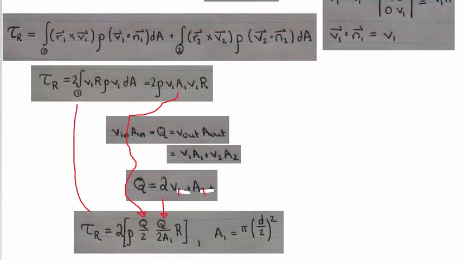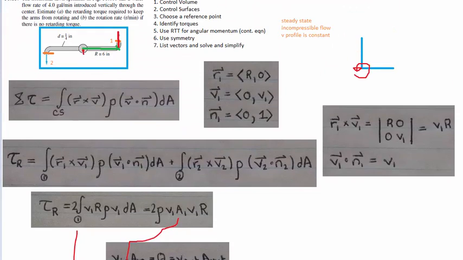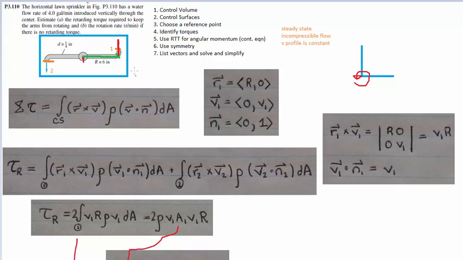So we simply have 2 rho Q over 2, that's V1A1, and we have Q over 2A1, that's V1, and we have this R. And of course the A1 you could get in the standard way by just using the circular radius of the outlet. And the problem is essentially solved.